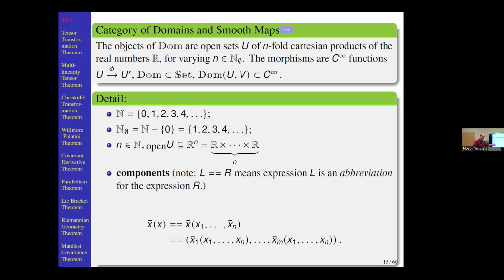I'm using the output variable, the dependent variable, as the name of the function. So there's an opportunity for confusion there, because if you say, for example, x bar equals x bar of x, then you can substitute x bar for x bar and you get an infinite thing. That is why you use a double equal sign. Thank you for reminding me. That just means the left side is an abbreviation for the right side.